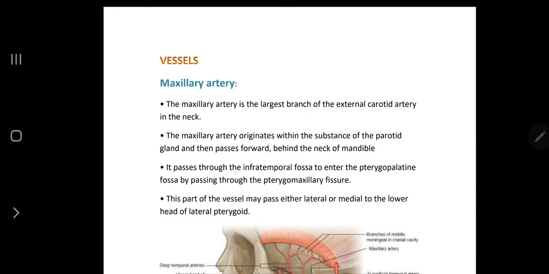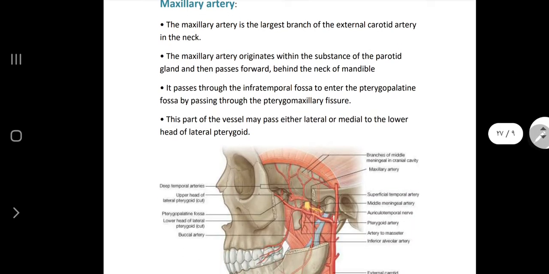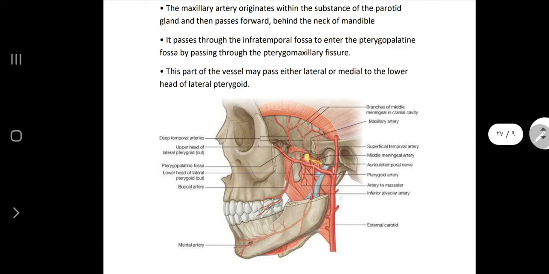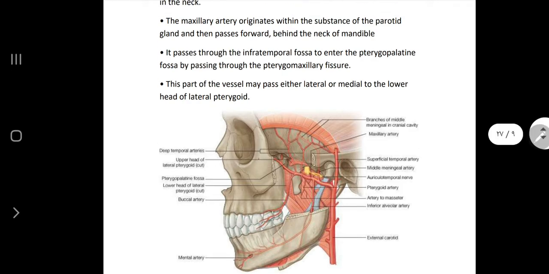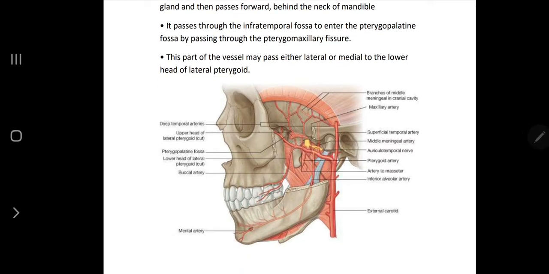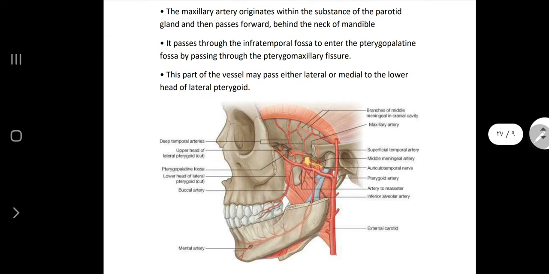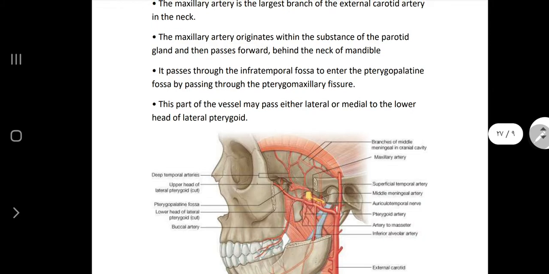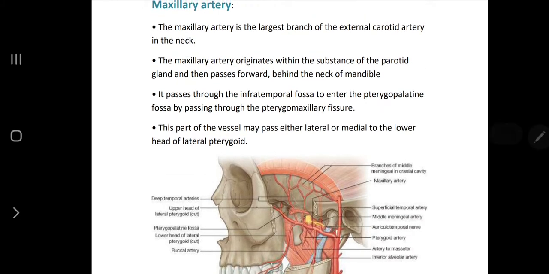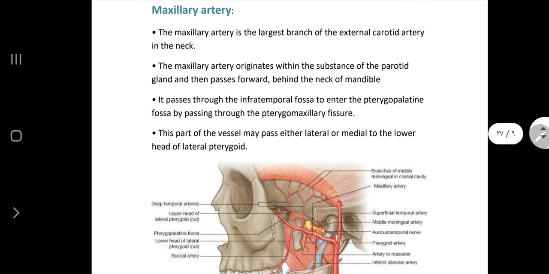It passes through infratemporal fossa, interpterygoid plate, pterygopalatine fossa by passing through pterygomaxillary fissure. هذا الماكسيلاري ارتري يدخل للـ infratemporal fossa وبعدين من خلال foramen ovale.